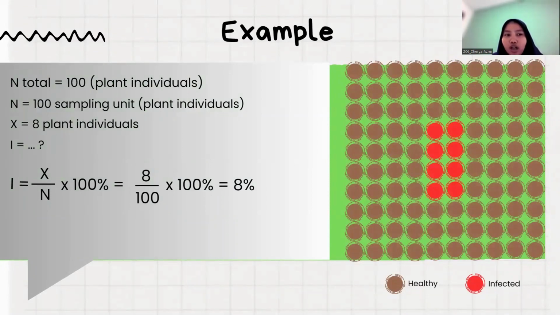There are 100 plant individuals, and then we have to know the number of diseased plants, and there are 8 individual plants. Then we calculate with the formula: 8 divided by 100 and then multiplied by 100%, and the final result is 8%.